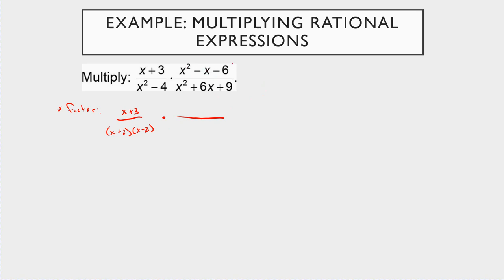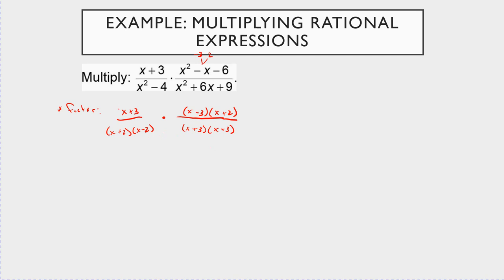What two numbers multiply to -6 and sum to -1? Well, that would be -3 and 2. So this is going to factor as x minus 3 times x plus 2. Now again, play the number game. What two numbers multiply to 9 and sum to 6? Well, that's x plus 3 times x plus 3.